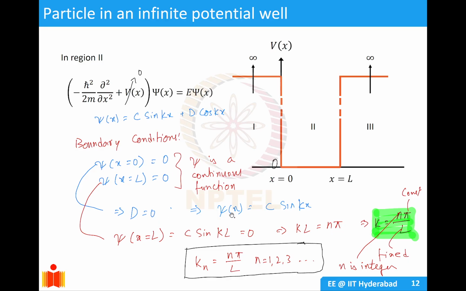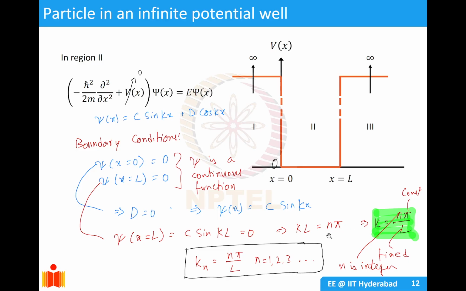So psi of x will be c sin kx, and when you put x equals L here, you will get c sin kL equals 0. So kL must be equal to n pi. So k can be calculated as n pi by L.